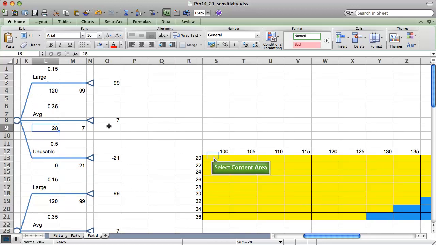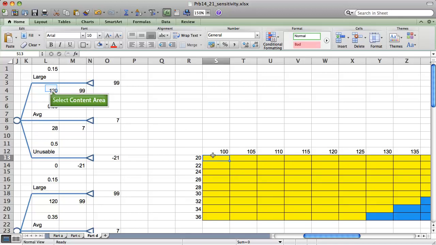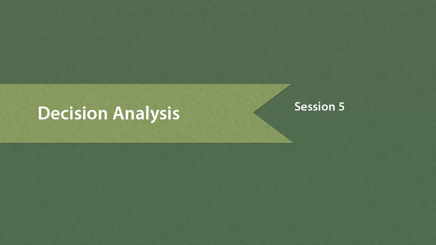We'd like to change the large to 100 and the average to 20 to see how that would affect our decision to bid high or low. The highlighting on the table should direct you in terms of what outcome you should be looking for. This concludes the video demo of the Excel tools for decision analysis session 5.